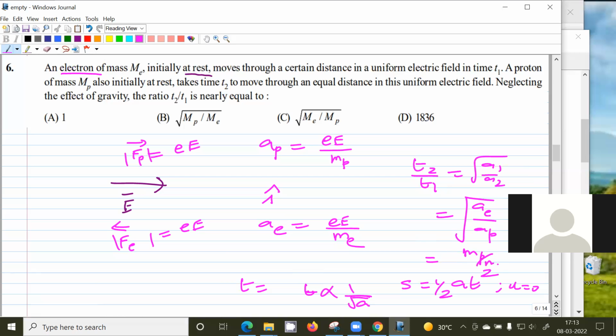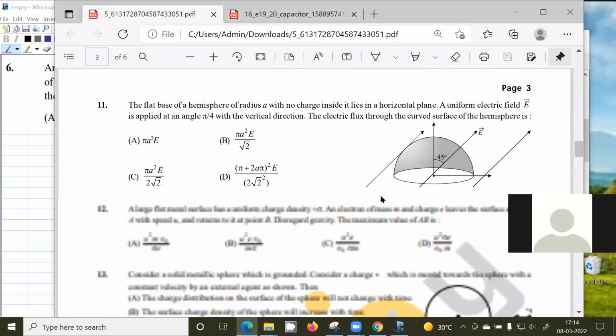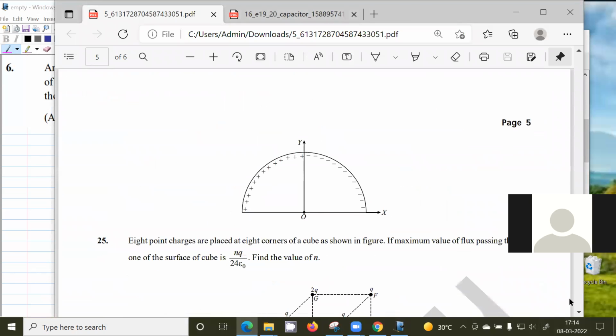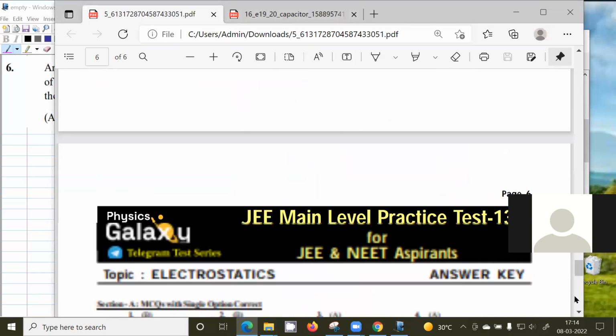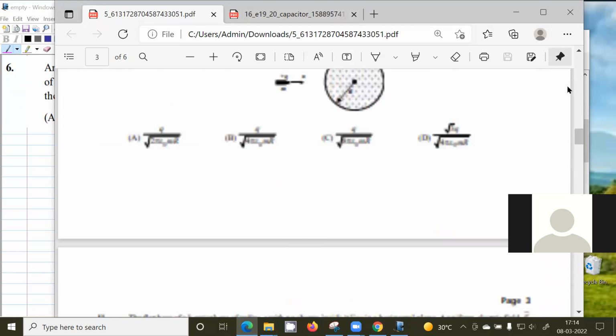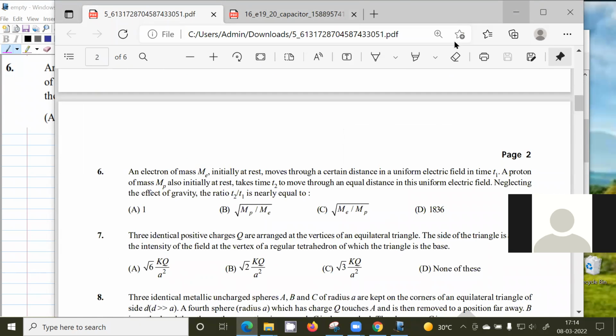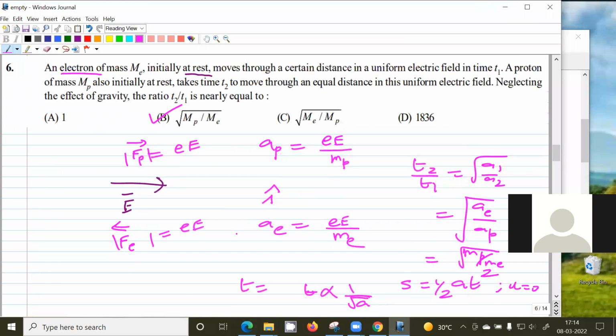In option C, m_p by m_e. Okay, option B is the correct one. Yes, sir.